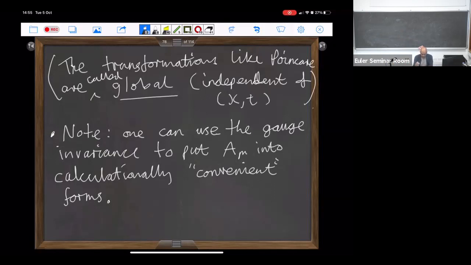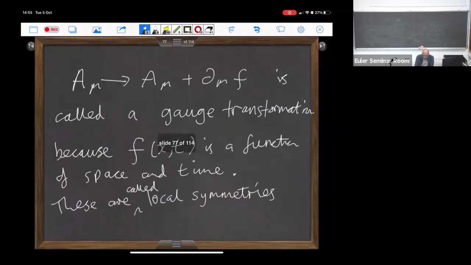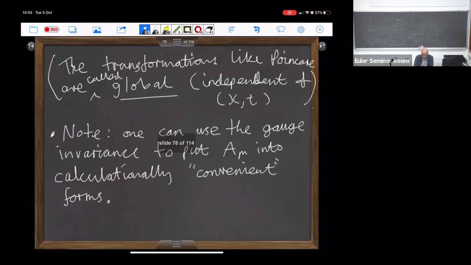Okay, welcome back. So we were just saying that these kind of symmetries are called local symmetries, as opposed to the symmetries that we've been studying up to now, like the Poincare transformations, which are global, meaning that the parameters are independent of the space and time coordinates.